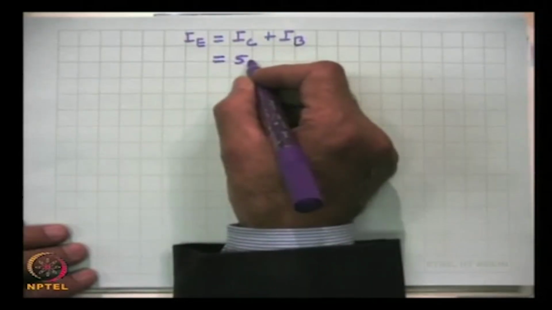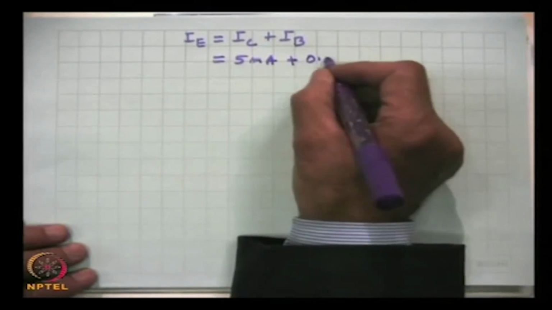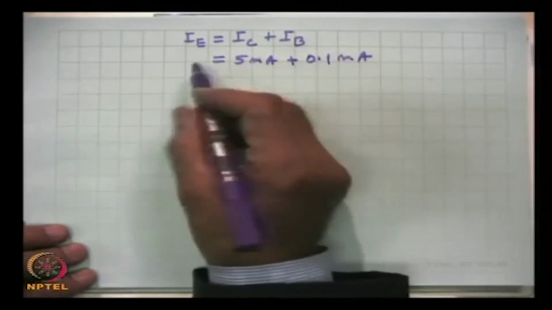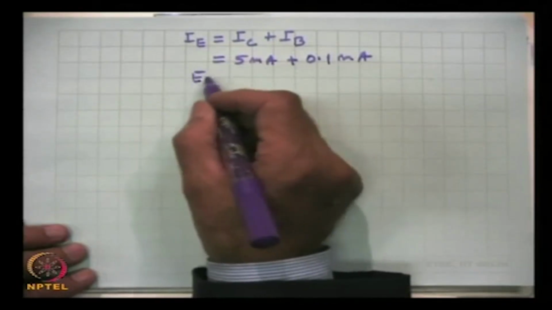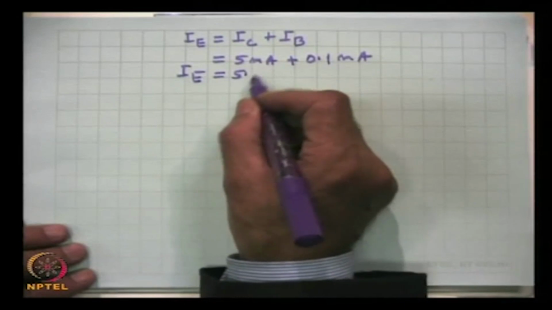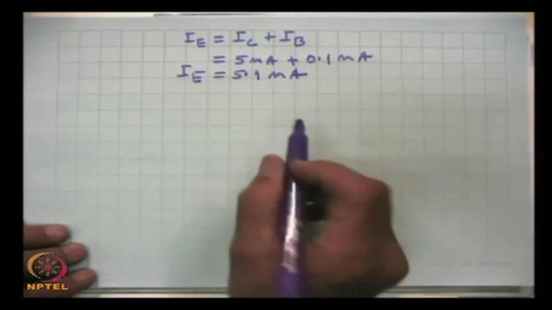So, we can get the value of ammeter current. This is 5 milliamperes plus 0.1 milliampere, and that gives you I E, the ammeter current, to be 5.1 milliampere.